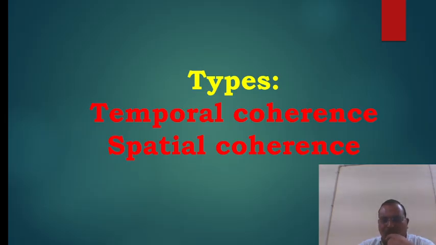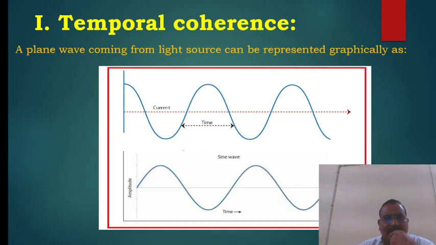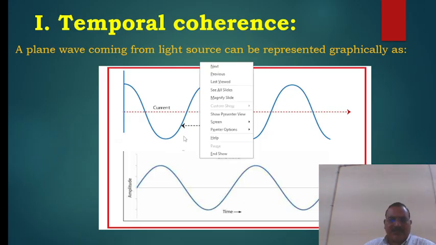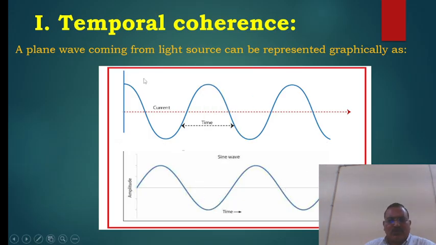Okay, so the first one is temporal. A plane wave coming from a light source can be represented graphically like this. This is a sinusoidal wave. This is the cosine wave, and this is the sine wave. We can represent any signal by this.